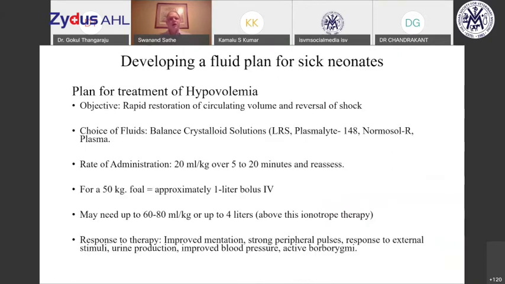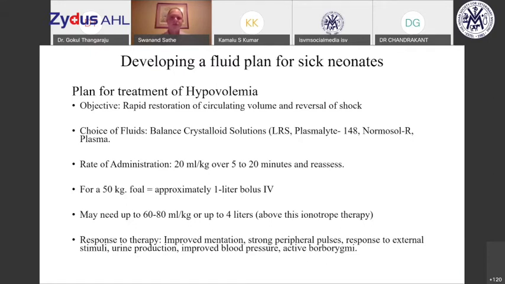So how about we develop a plan to resuscitate a foal for hypovolemia? Imagine a foal is presented to you with poor peripheral pulses and a prolonged capillary refill time, obtunded, flat out on the ground, and not responding. What would be our first primary objective?